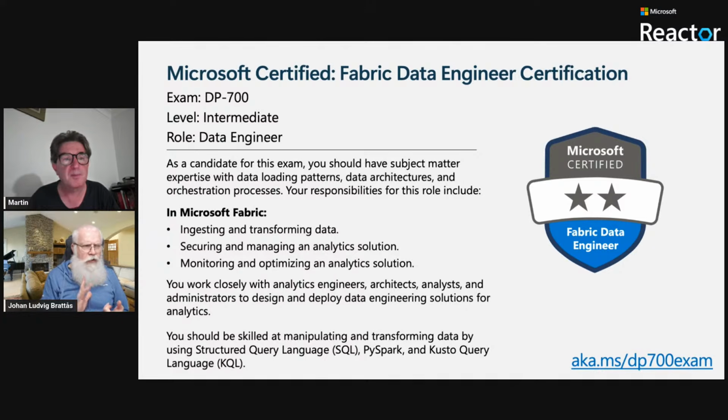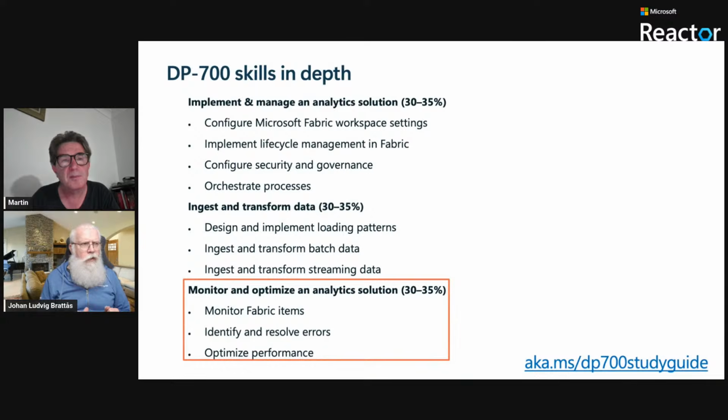So you need to think about, again, ingesting and transforming the data, securing and managing it, and monitoring and optimization of analytic solutions. And all of these are components. You can't just bet on one of them and hope to stay out. Because if we look at this slide, you'll see that there is about 30-35% of each of these components, which means that even though this might be a boring topic for you, you need to pay attention today, because you're not going to get out of this going scot-free.